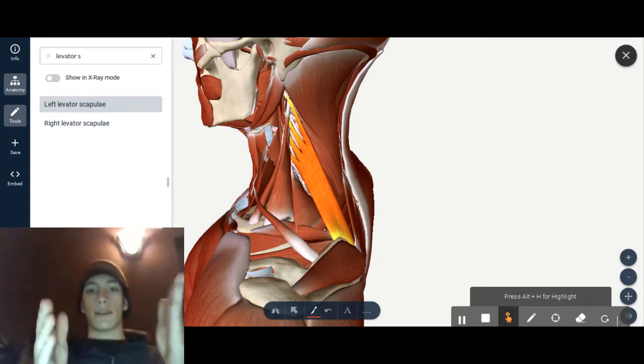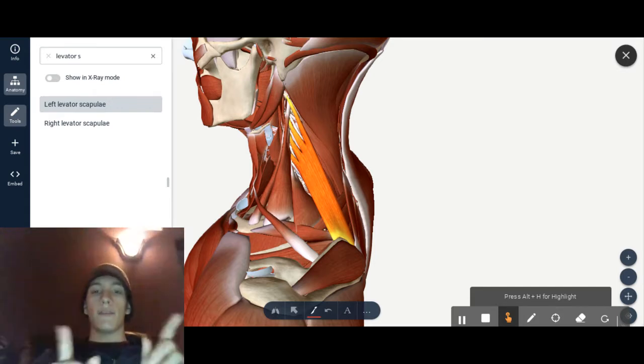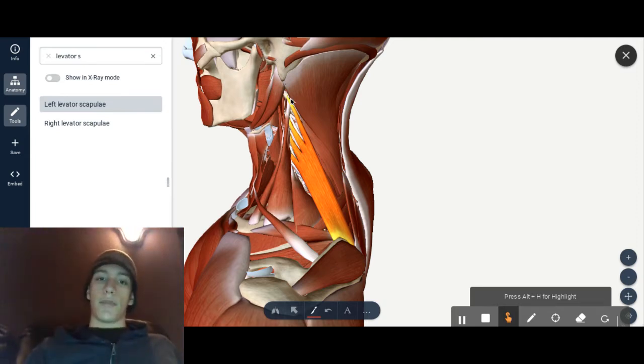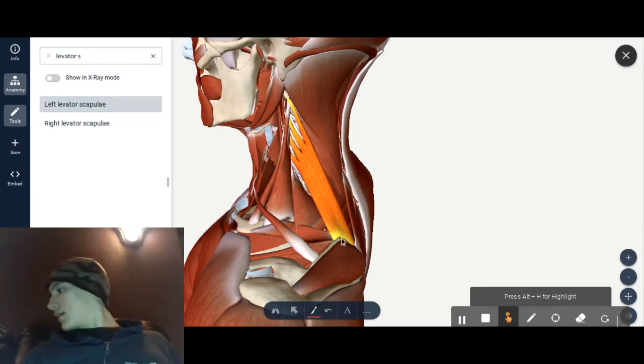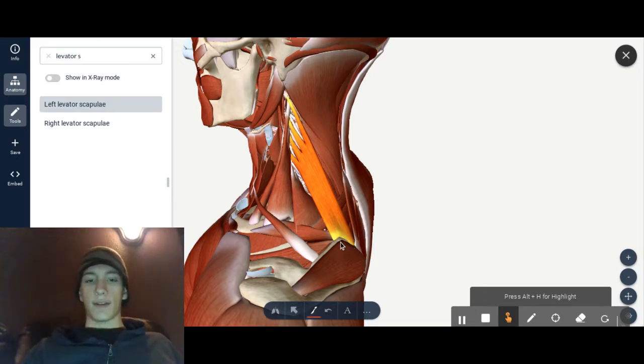Remember, the transverse process is the little stick on the side of the vertebrae. So on these 4 vertebrae is its origin, and its insertion is on the vertebral border of your scapula, the border closer to the vertebra.